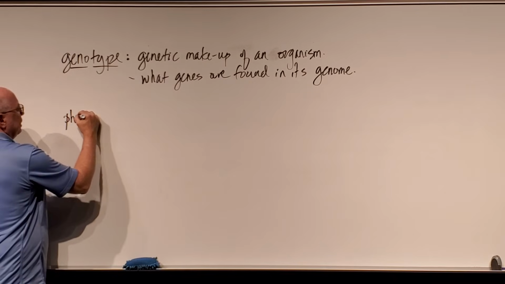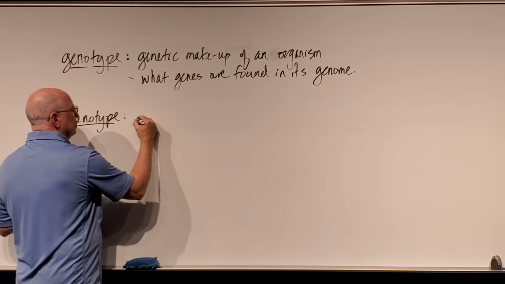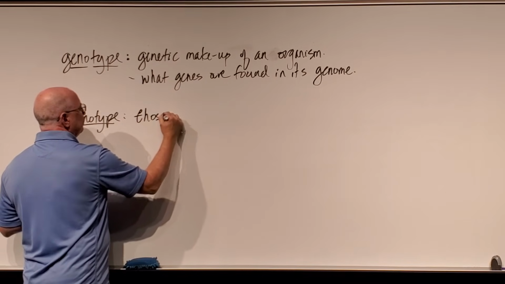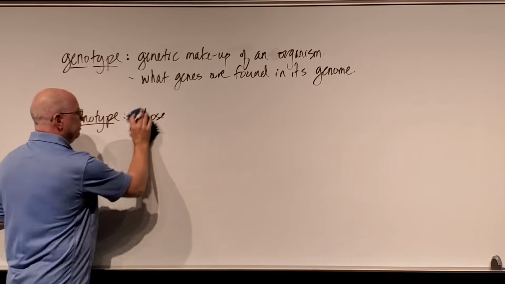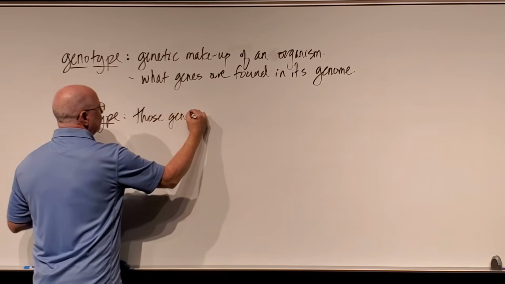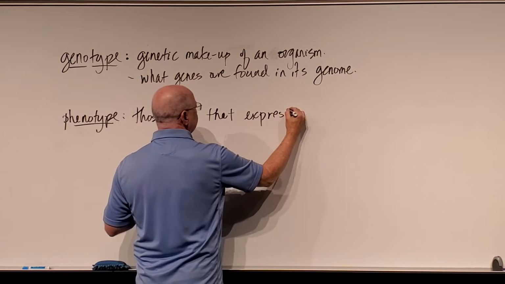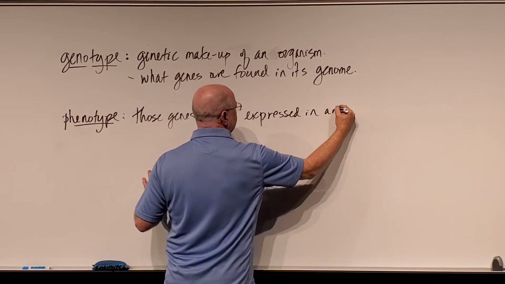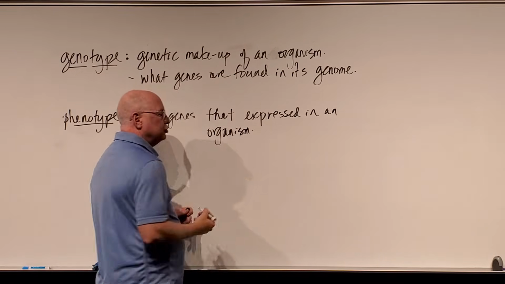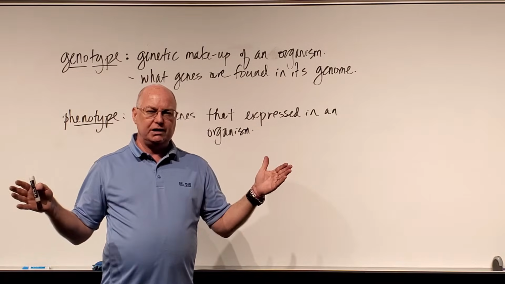The phenotype is those genes, sorry, my penmanship's a little off, those genes that are expressed in the organism. So when we talk about a genotype of an organism, we're talking about what genes it contains.